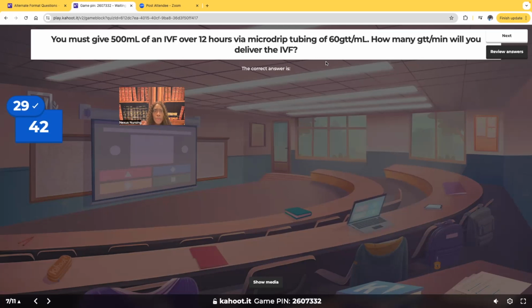It's going to be a whole number. You have 1 raindrop, 2 raindrops, 3 raindrops, 4 raindrops. You don't have half a raindrop. How are you going to give half of a drop? That makes no sense. So that 41.6 has to be rounded up to 42. That's how we got to 42 drops per minute. You don't ever have a partial of a drop. If you ever have a point something, you better round up or down.